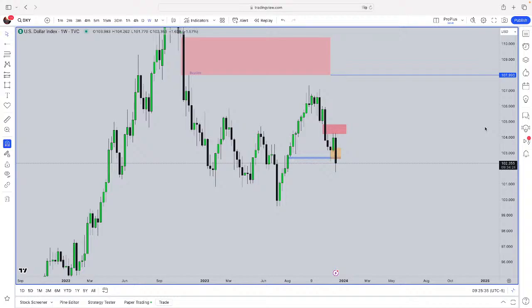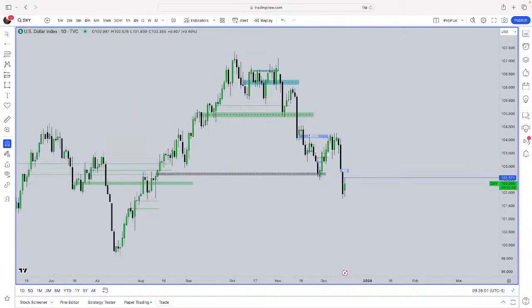ICT does say he can teach a setup every single day, and people still won't be comfortable, or they'll keep asking for more. You just have to stick to one strategy, and then you'll learn so much more about that strategy.